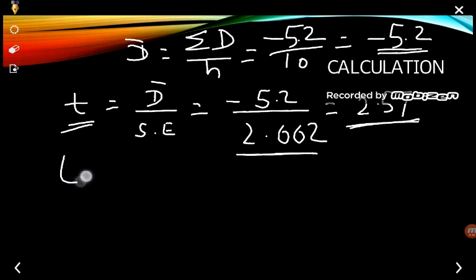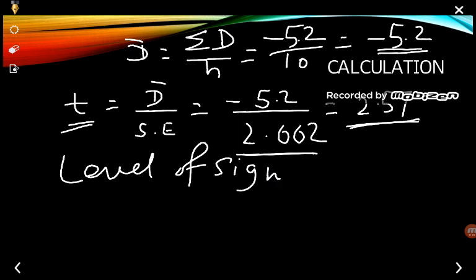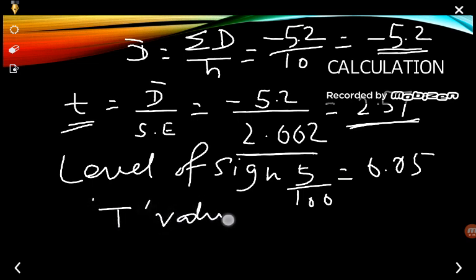And the level of significance, normally we take it as 5%. So 5% is also written as 0.05. So at the level of significance 0.05, the tabulated value, the t value from the table, is 2.26.